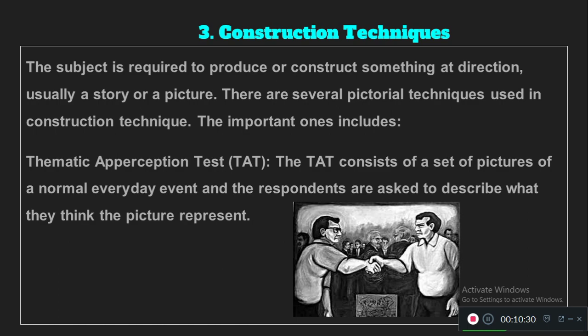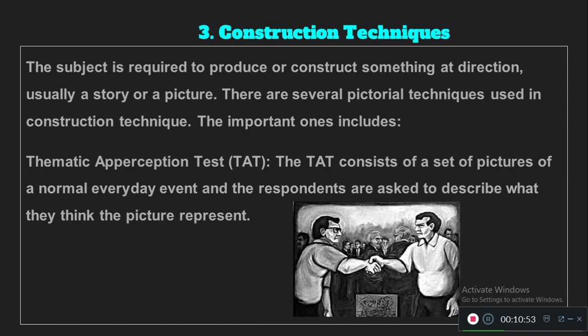So that is commonly the thematic apperception test. In this test, various pictures related to normal everyday events will be shown. The respondents are asked to describe what they think about the picture.